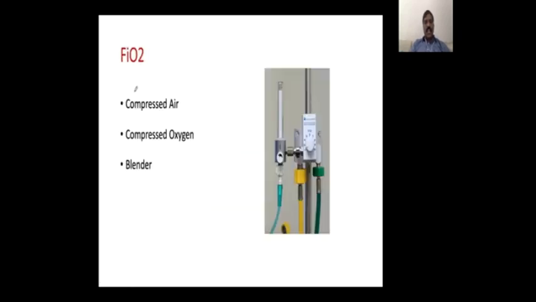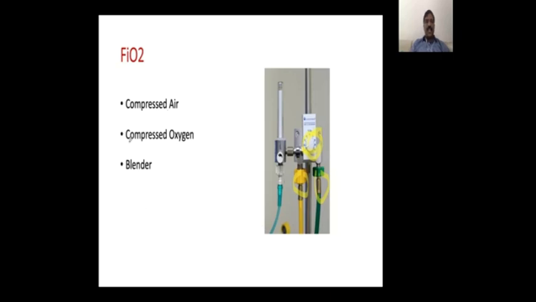So for generating FiO2 from 21 to 100%, how do we get the FiO2 from 21 to 60%? What we use in the ventilators. For that, you need a compressed air source like this, a compressed oxygen source, and a blender. So you need air, oxygen, and a blender to ensure that we get the FiO2 from 21 to 60%.